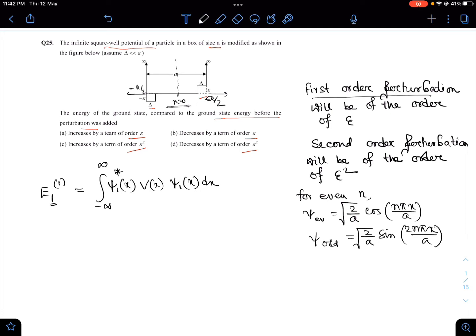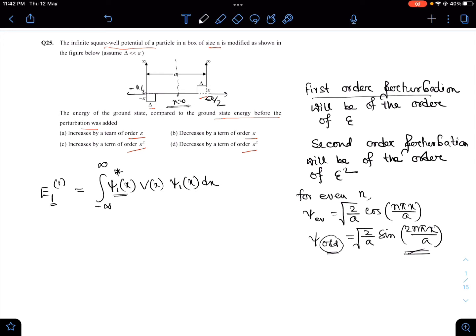So for the ground state we have the odd n case.